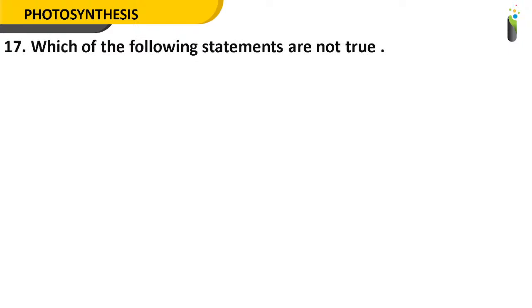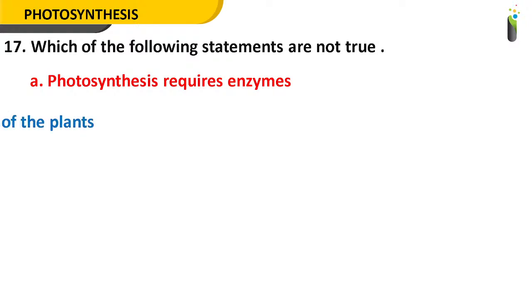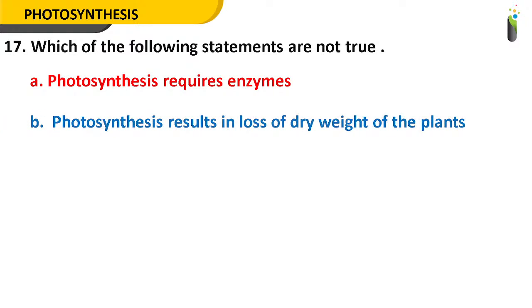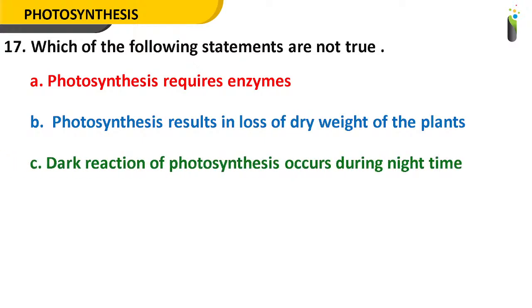Question number 17. Which of the following statements are not true? A. Photosynthesis requires enzymes. B. Photosynthesis results in loss of dry weight of the plants. C. Dark reaction of photosynthesis occurs during night time.